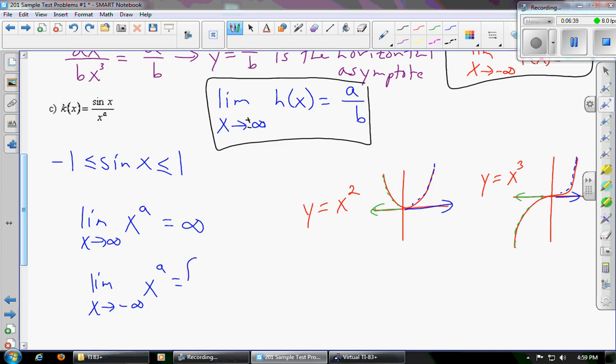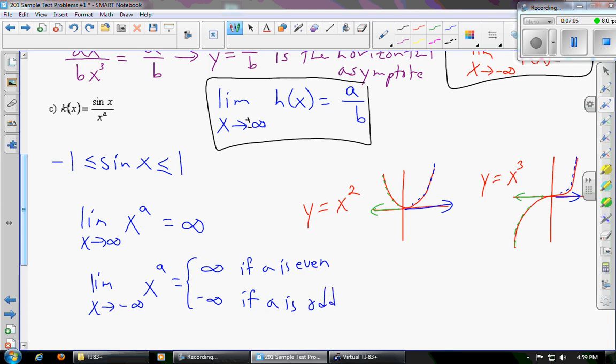I guess I'll say something like this. It's infinity if a is a certain kind of number, and it's negative infinity if a is another kind of number. So pause the video if you want to think about this, because we're about to answer it. I think that we go up to infinity if a is any positive even power, and negative infinity if a is odd.